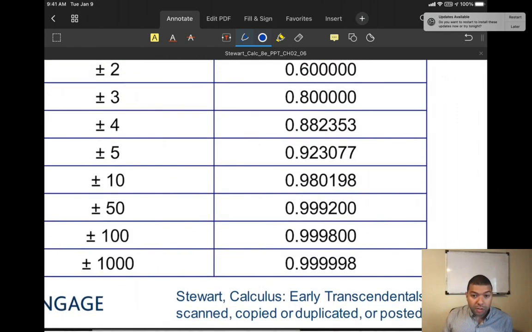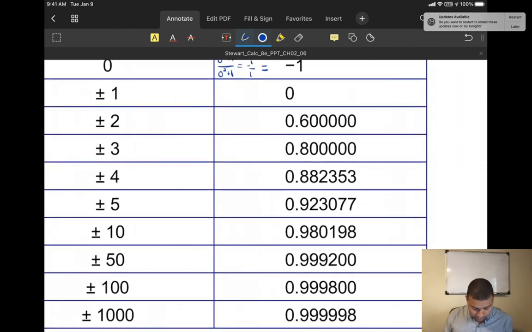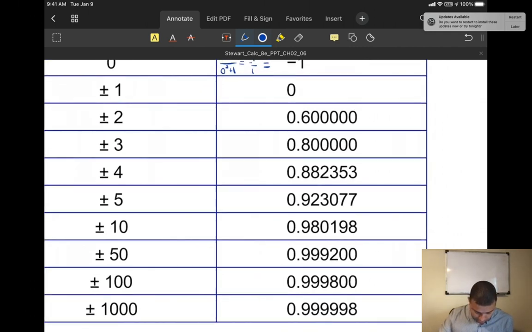The real interesting thing happens when you go further down to large values. So when x is 100, x squared minus 1 over x squared plus 1: 100 squared is 10,000.